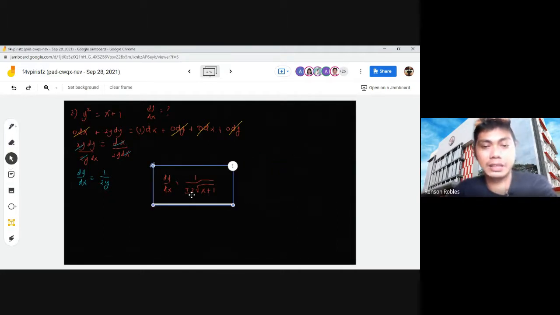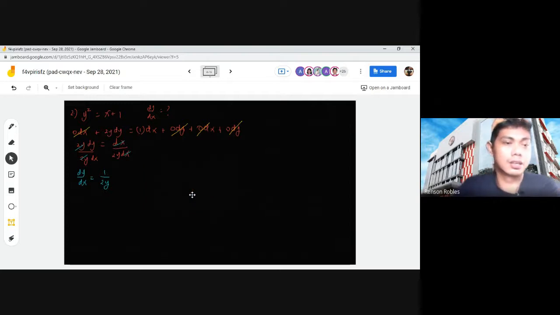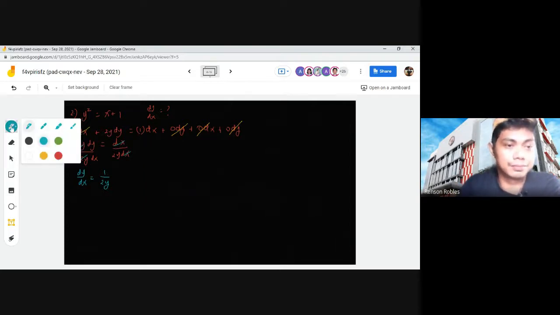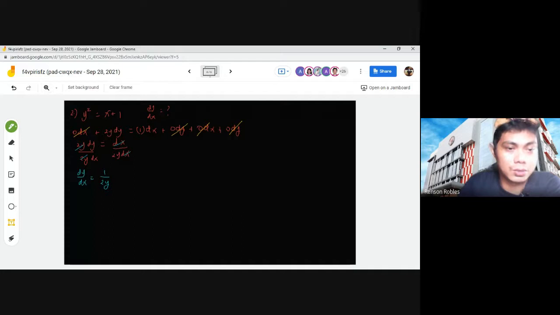Or yung ginagawa natin earlier, okay? So that's y squared equals x plus 1. Derivative of y squared in terms of x, 0. Derivative of y squared in terms of y, so that's 2y. Then you affix dy dx. Equals derivative of x in terms of x, 1.